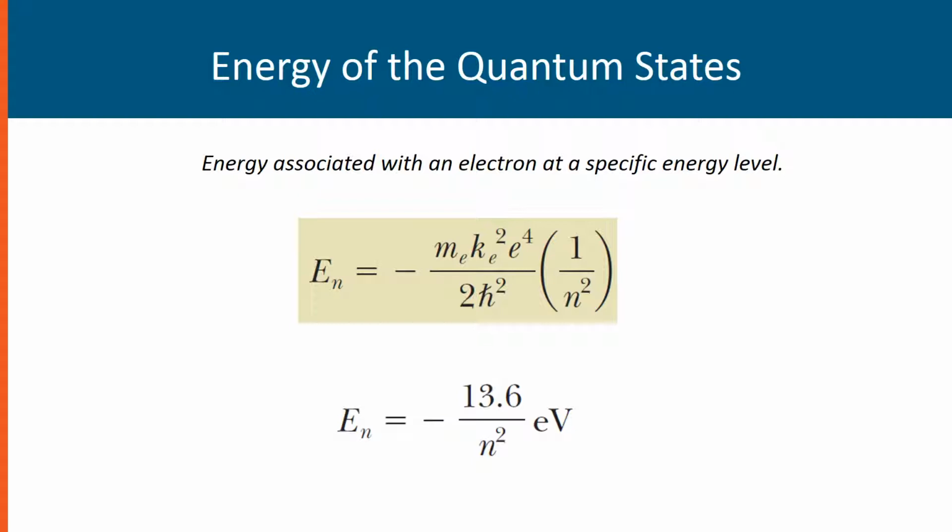So using this equation, we would be able to solve for the energy of the electron when it is on its ground state, or when n is equal to 1.